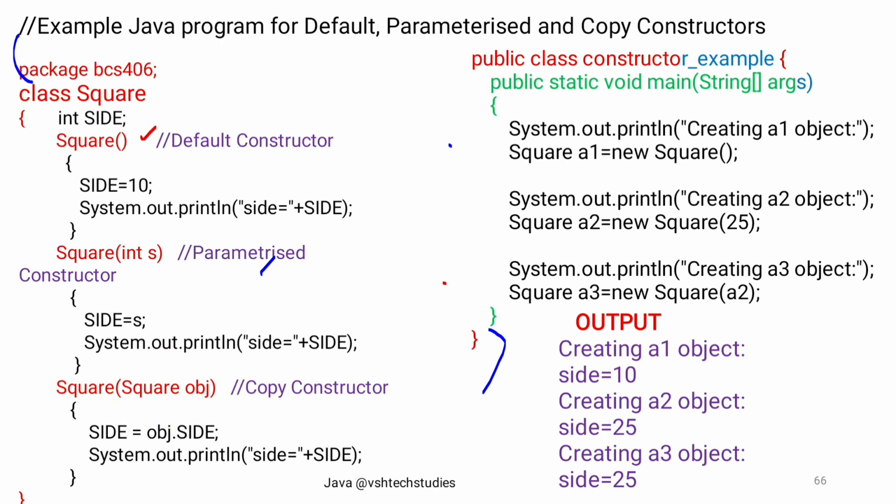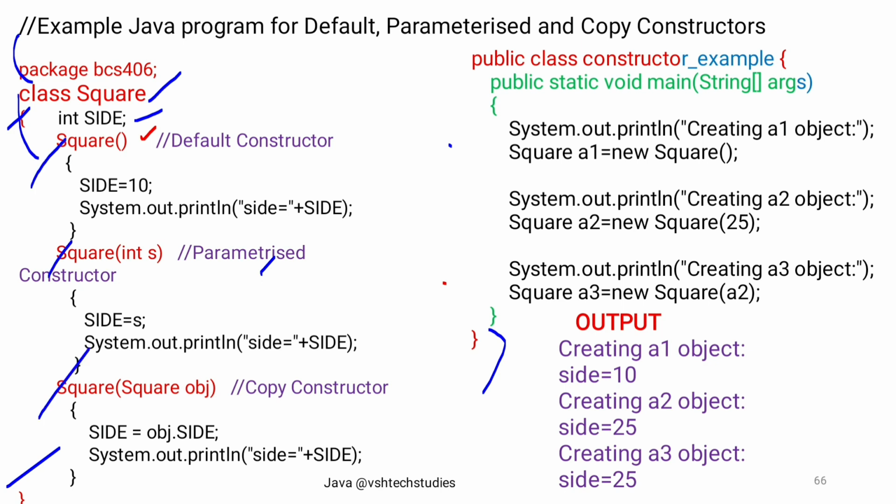So then what is the class here? Square. Its name is Square, from here to here. Next, what is there inside that class? One data field called SIDE, written in capital letters. That is the name of the memory location. Then it has 3 constructors.